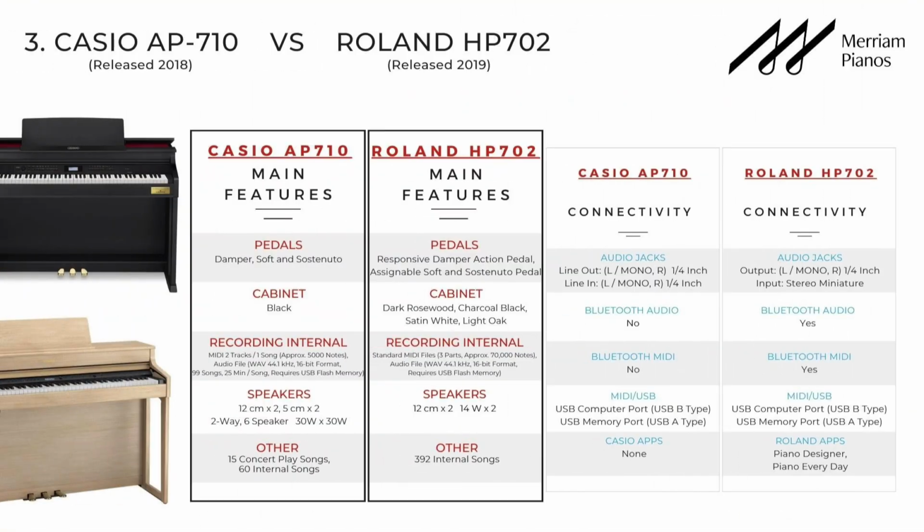And particularly if this is going to be used with a better balance of both headphones and no headphones, the HP702 has a lot to offer, because I would say the major weak point with the 702 really is the speaker system, at least when you're comparing it to something like the AP710.